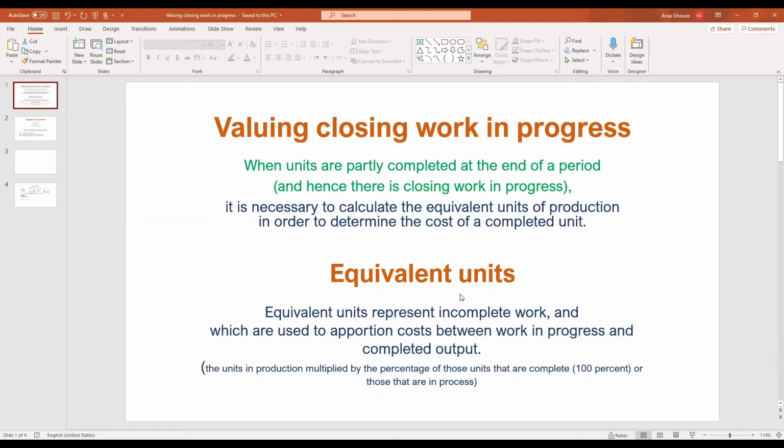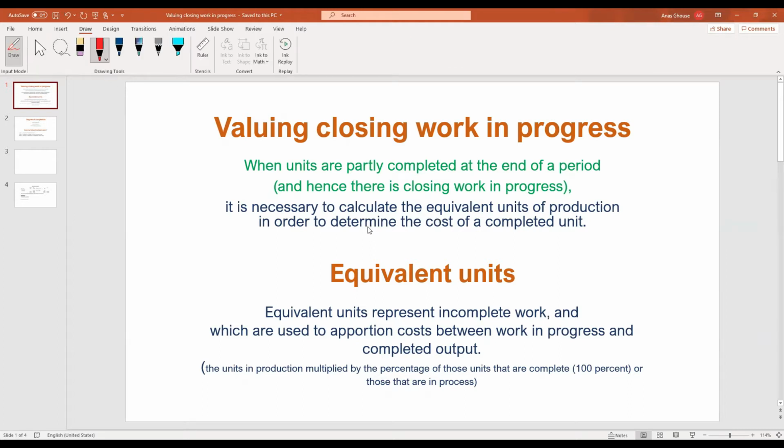Therefore, it is required to calculate the equivalent units of production in order to determine the cost of a completed unit.